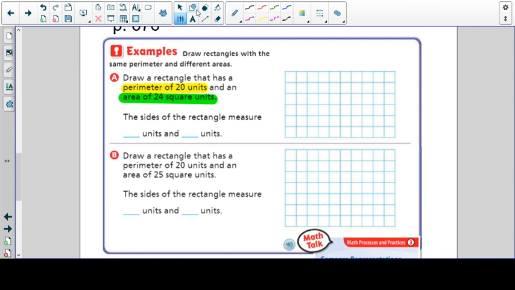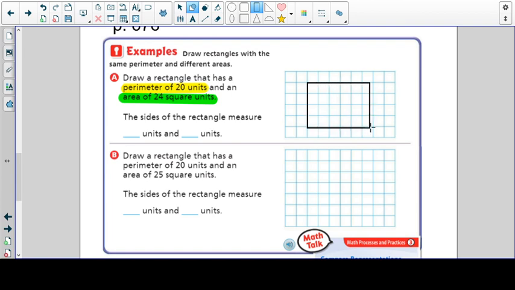So the first thing that comes to my mind, I have to think of what two numbers multiply together that will give me 24. But then if I take those same two numbers, add them together, and then double them, I need to get 20.